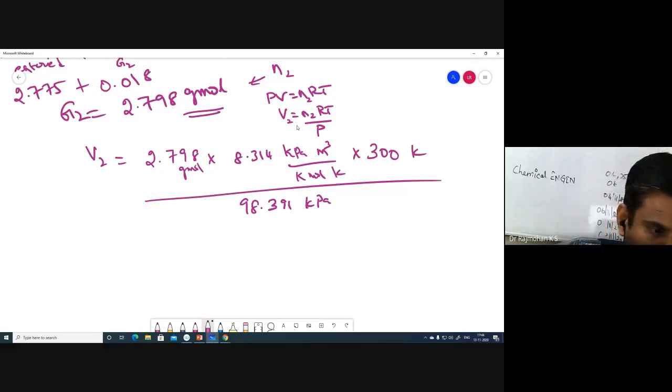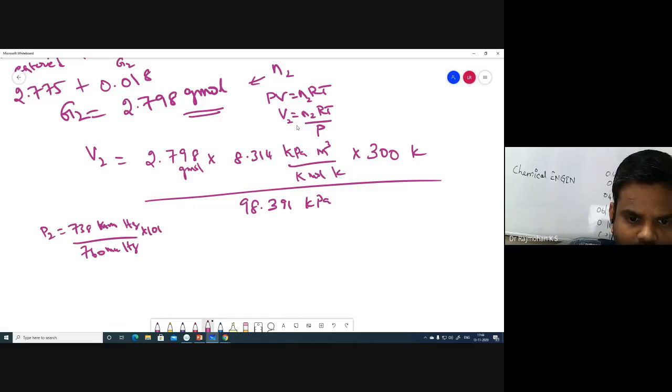How do we get this? So again we have to convert the pressure given. P2 is 738 mm mercury, divided by 760 mm mercury into 101.325 kilopascal will give us pressure value 98.39.